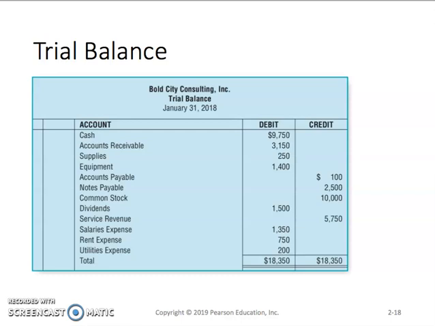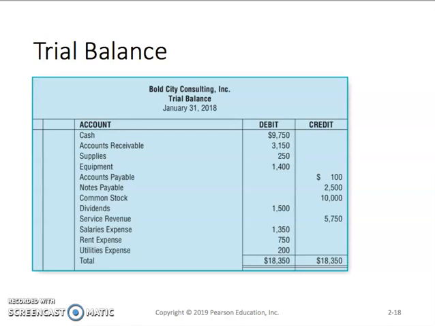And then for each of those accounts, it'll show up. So things to notice here, you've got cash, accounts receivable, supplies, and equipment. Those are all what? Asset accounts. Okay, so all asset accounts have a normal debit balance. So it kind of makes sense that their balance from the T accounts is a debit balance.